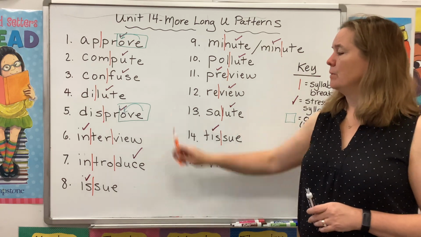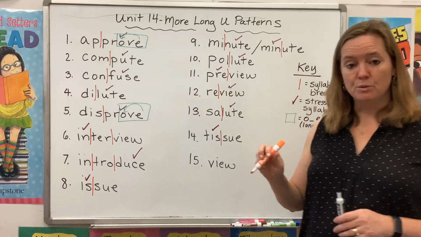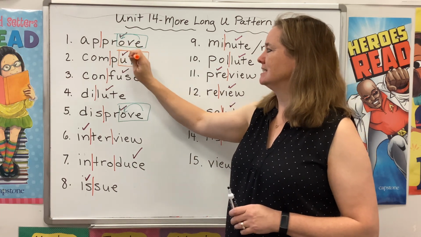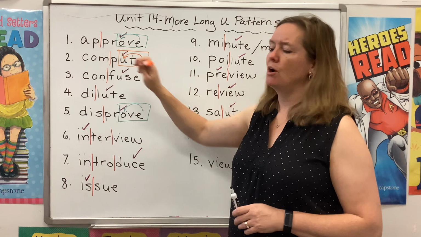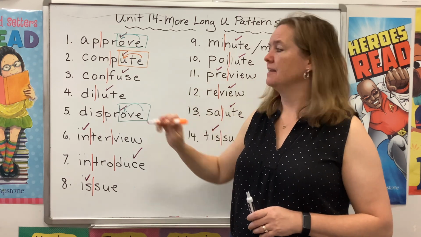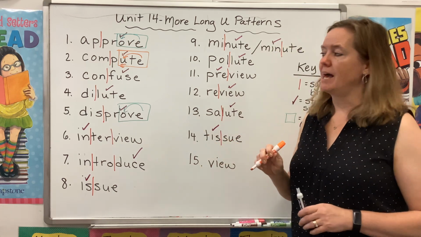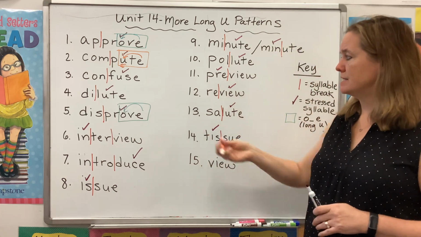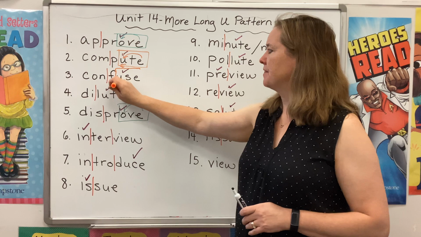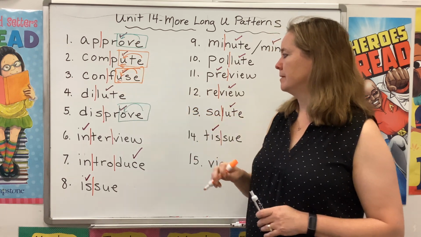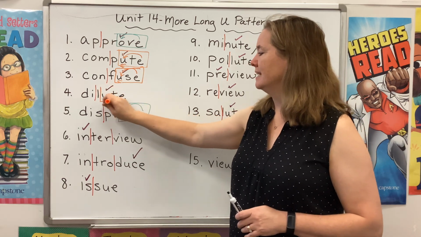Okay, now if we look at the word compute, this makes more sense. We have a silent E jumping over the T and telling the U, say your name, say your name. So that gives us compute. Same thing with confuse and dilute.